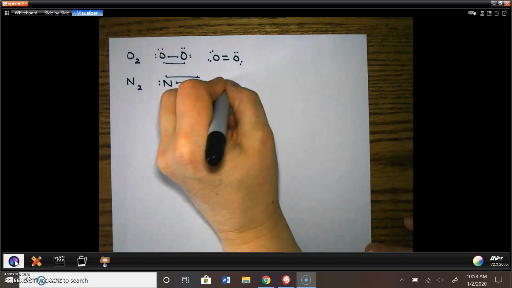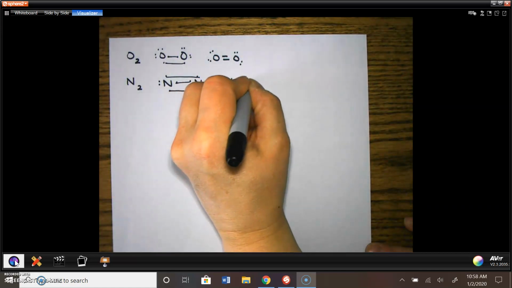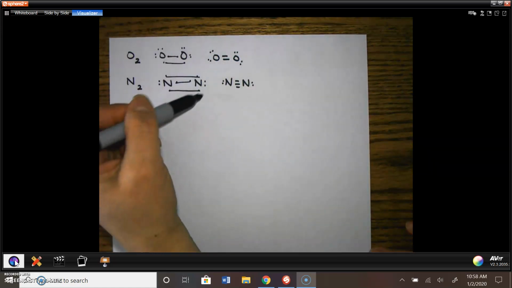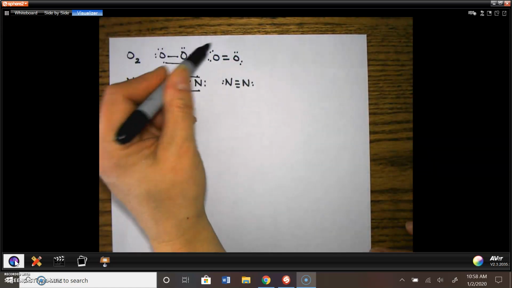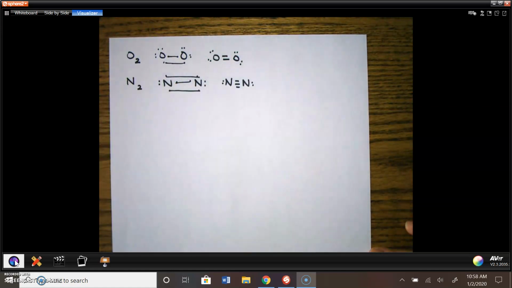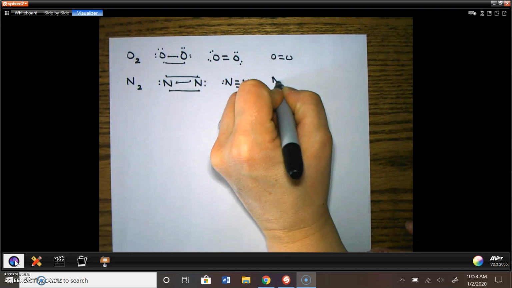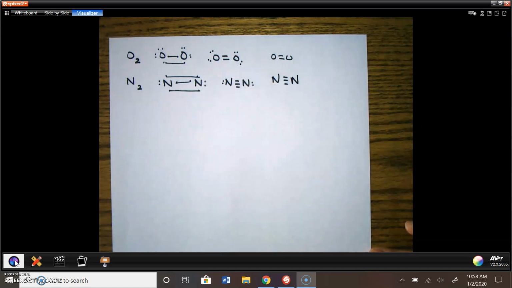To show a triple bond in a Lewis structure, we do something like that, 3 lines. So this is kind of a work in progress. When you want to do the final drawing, this is what you want it to look like. And structural formula-wise, we're just going to drop the non-bonding pairs of electrons, so we're going to make it look something like that.